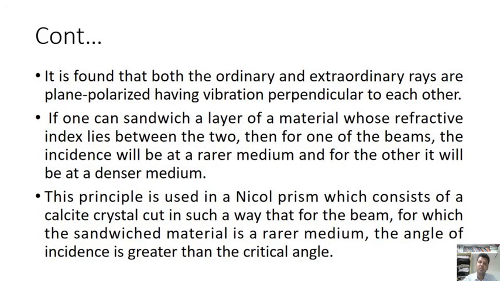It is found that both the ordinary and extraordinary rays are plane polarized, having vibrations perpendicular to each other. If one sandwiches a layer of material whose refractive index lies between the two, then for one of the beams the incidence will be at a rarer medium and for the other at a denser medium. This is the principle of the Nicol prism, which consists of a calcite crystal cut in such a way that for the beam for which the sandwiched material is a rarer medium, the angle of incidence is greater than the critical angle.